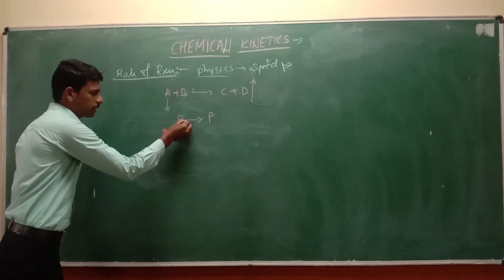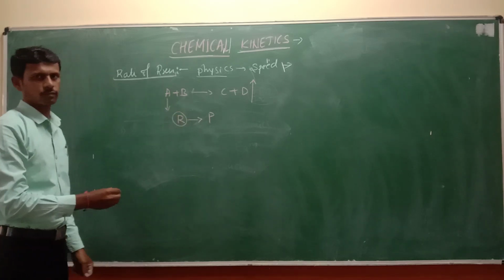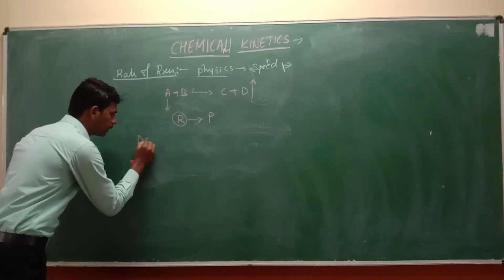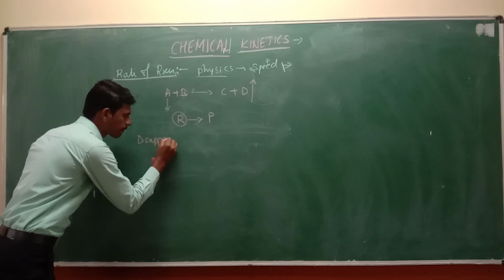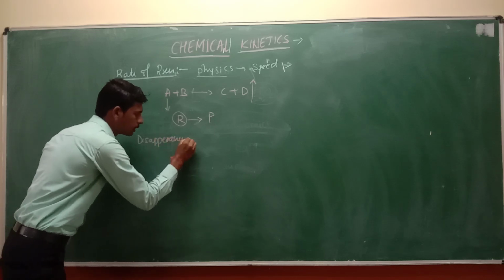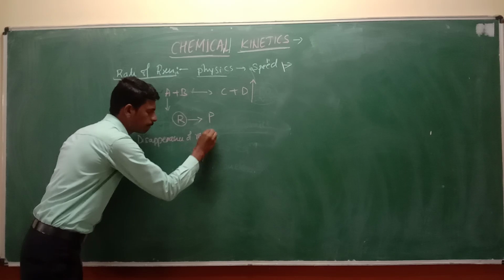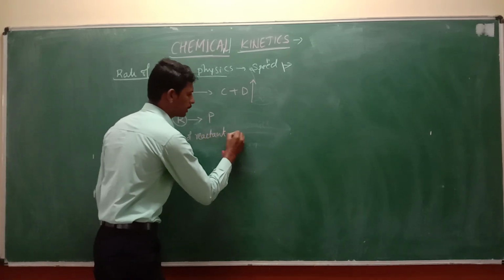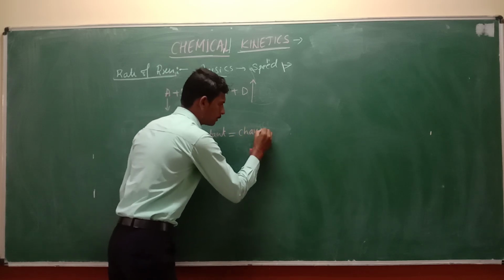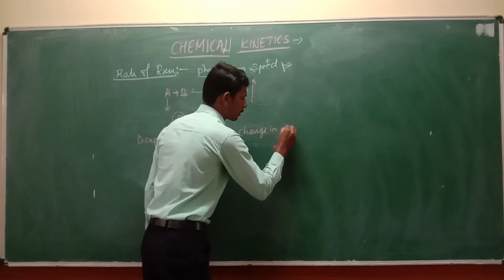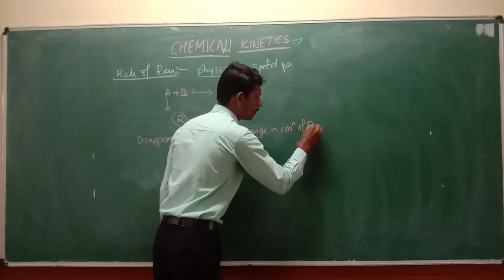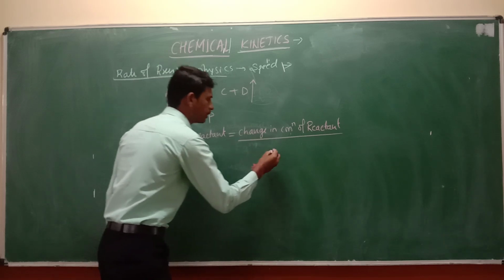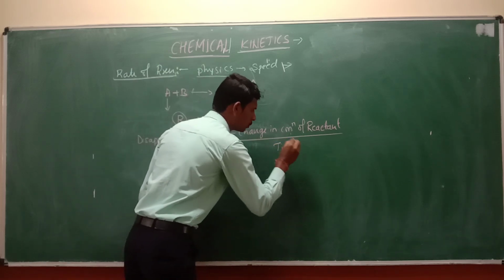Suppose we are talking about the rate with respect to reactant, then we take the disappearance of reactant, that is, the change in concentration of reactant divided by the change with respect to time.